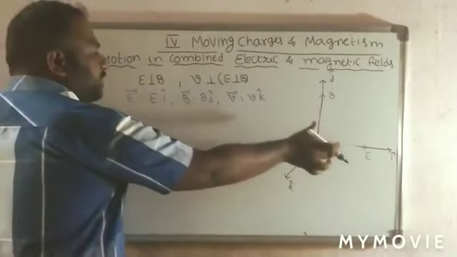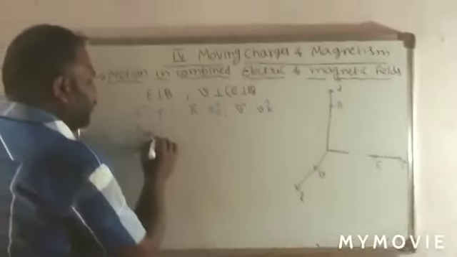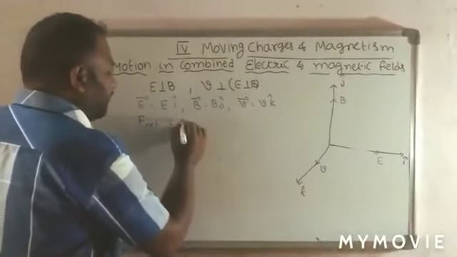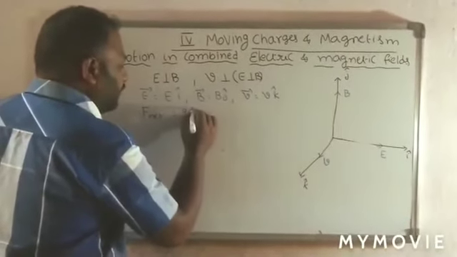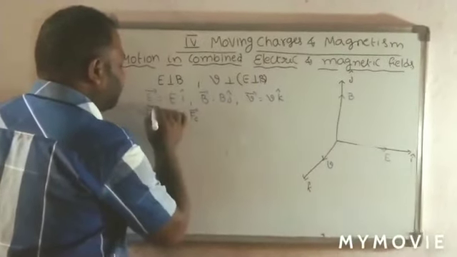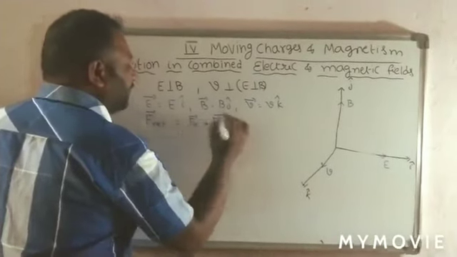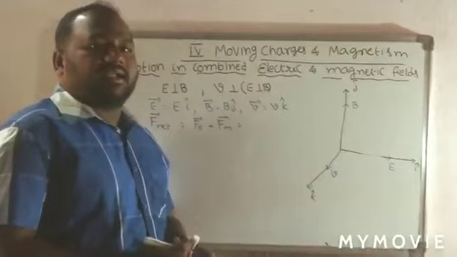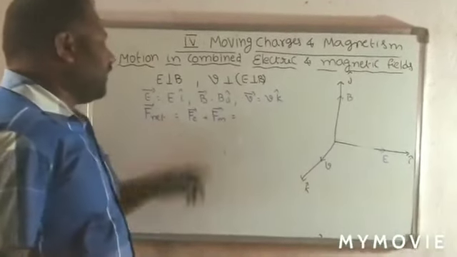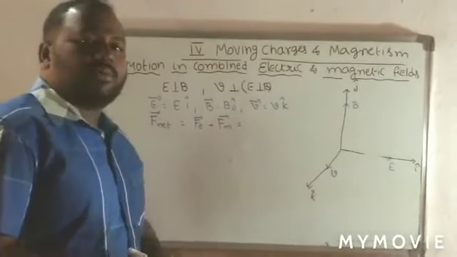Now when a charged particle is placed here, what is the net force due to the Lorentz force equation? The net force due to the Lorentz force equation is the force due to the electric field plus the force due to the magnetic field.